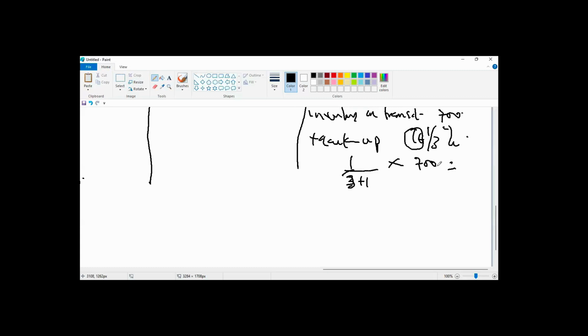Don't let it bother you. 1/3 plus 1 will give me 1/4 times 700. 1/4 times 700 is your unrealized profit on the unsold inventory.